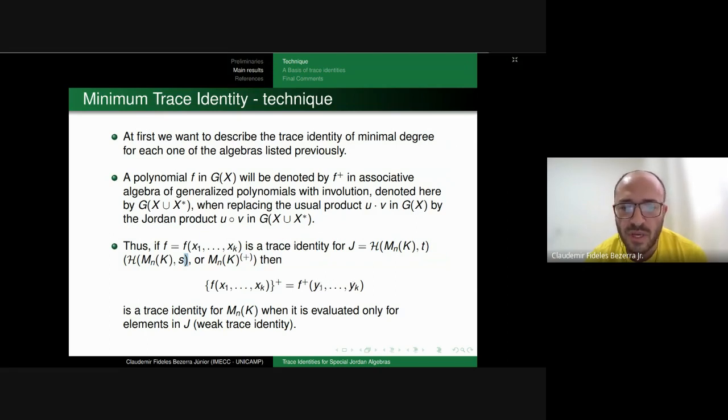Here, y1 and yk are symmetric variables in the free algebra with involution, of course. In this case, it is associative. This element is a trace identity for matrices when evaluated only on elements in the Jordan algebra. It's an annotation of the weak trace identity for the pair matrix, Jordan algebra.